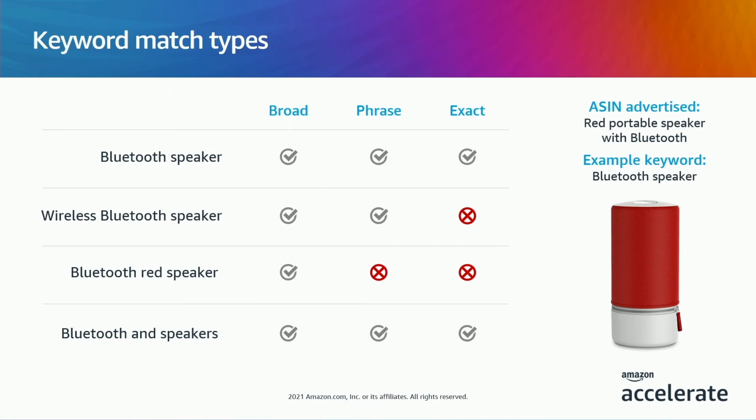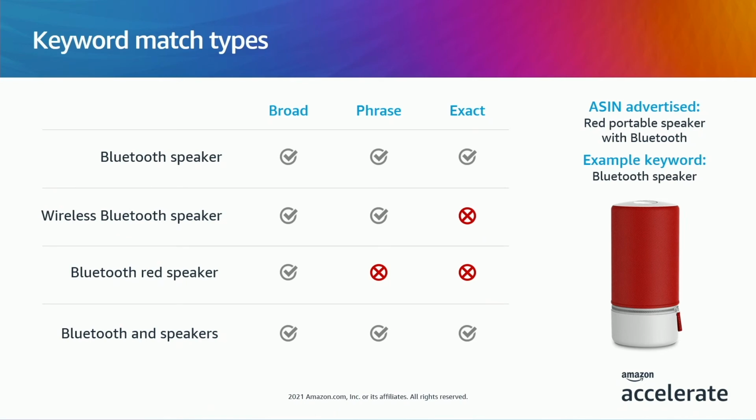So far, pretty straightforward, right? Next is wireless Bluetooth speaker. Broad and phrase would be eligible to display because all the words in your keyword are included and the phrase Bluetooth speaker is still intact. Exact, however, would not be eligible to display because of the word wireless in the shopping query.